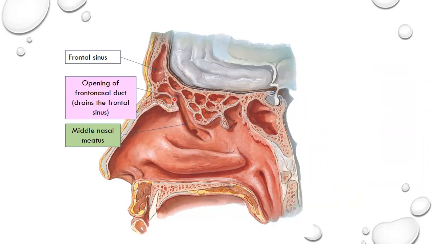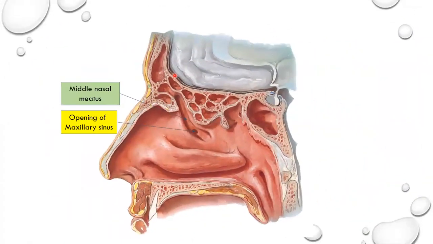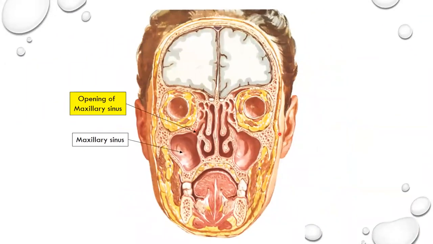It doesn't drain directly to the middle nasal meatus, but through a passageway known as the frontonasal duct. And then lateral to the nasal cavity, the maxillary sinus also opens into the middle nasal meatus. This clear picture shows the maxillary sinus located on each side of the nasal cavity.